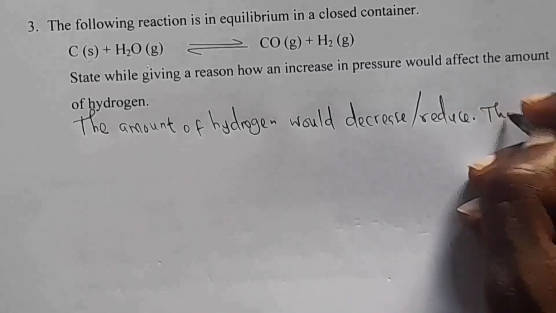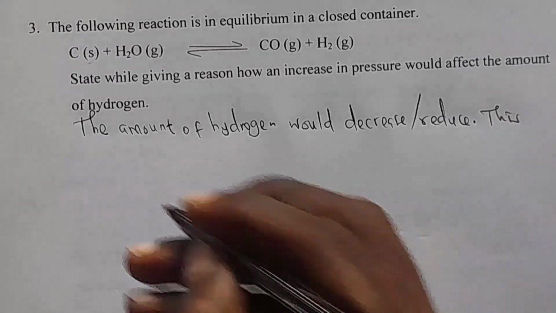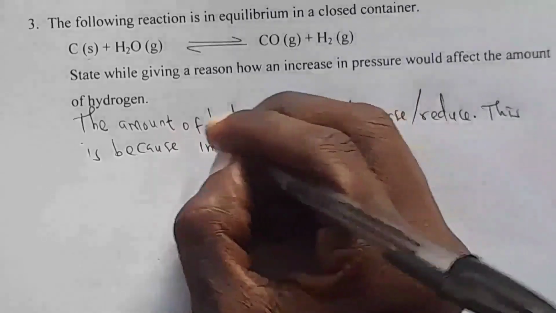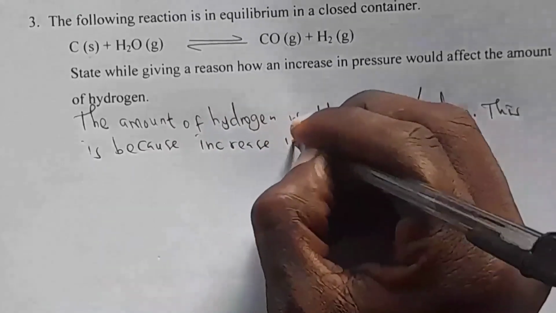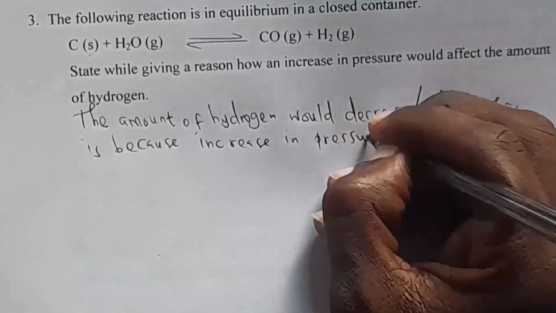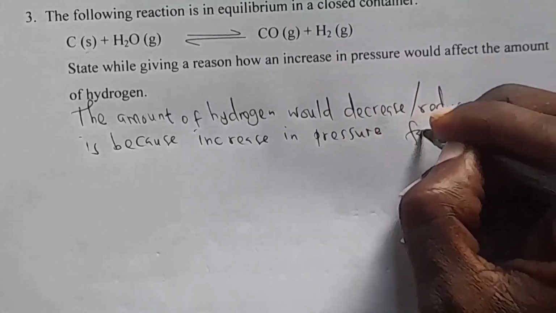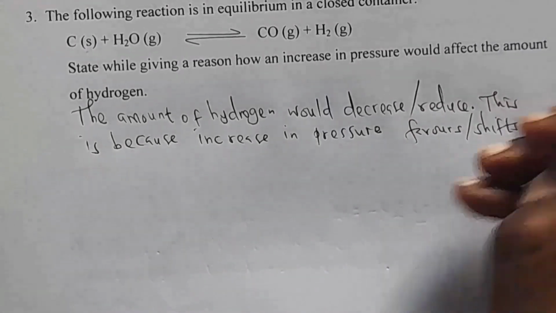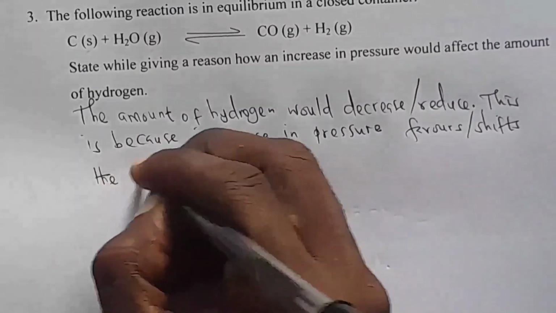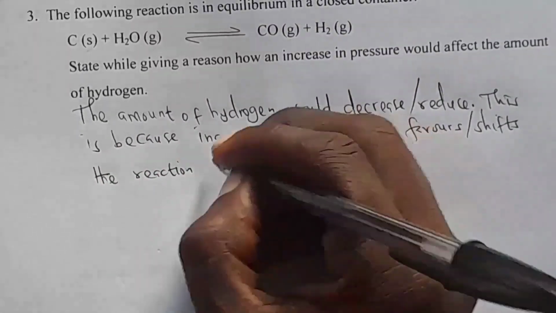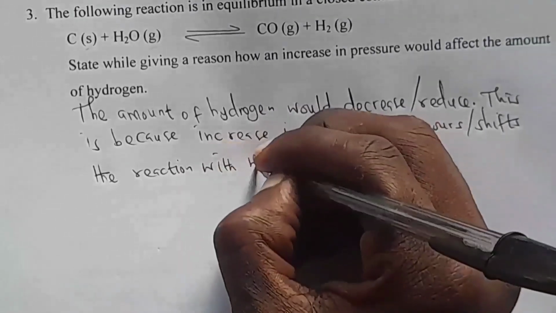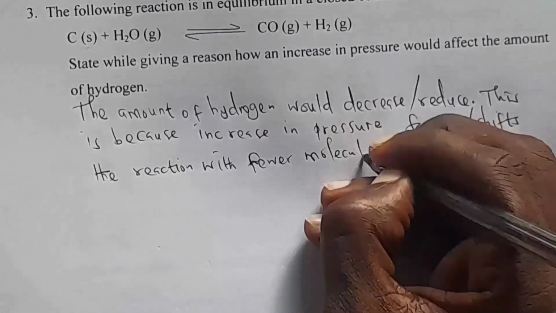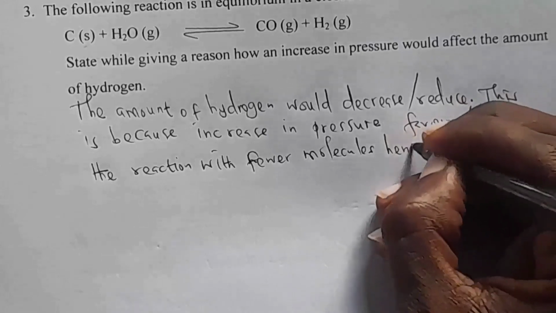Reason: this is because an increase in pressure favors, or shifts, the reaction with fewer molecules. Hence the backward reaction is favored.